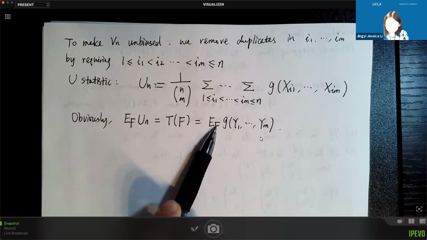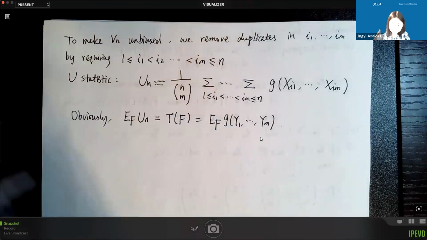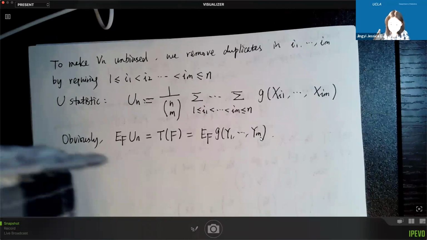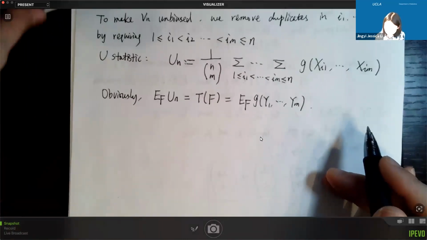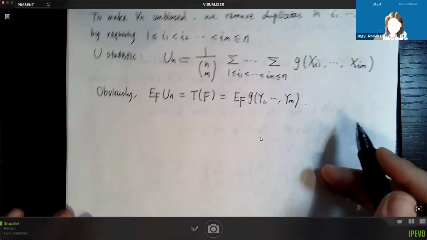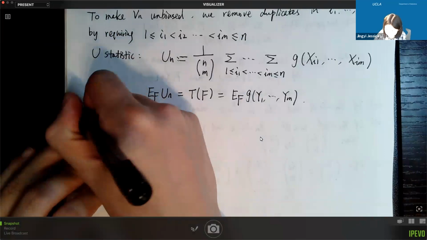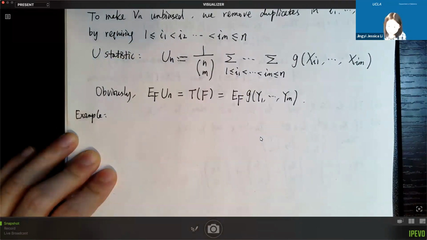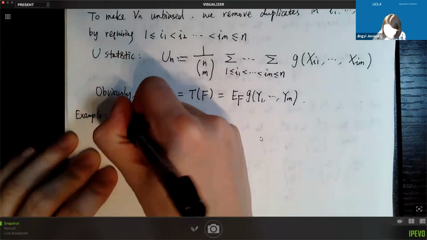Today we're going to continue our discussion by giving you a concrete example of a U statistic. This example is what we call the Wilcoxon signed rank test.